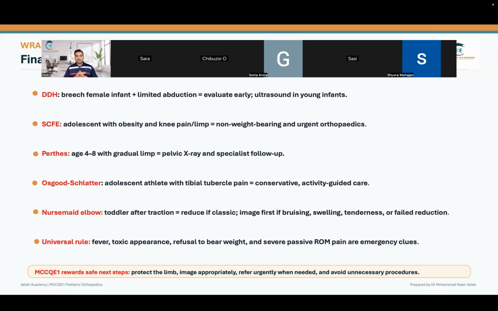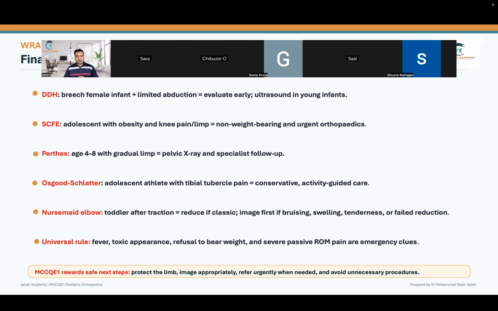Perthes, 4 to 8, gradual limp, chronic limp, painless or mild pain, pelvic X-ray, and if it is inconclusive, MRI and a specialist. Osgood-Schlatter, adolescent athlete between 10 to 16 years old, usually 13, with tibial tubercle pain, anterior knee pain, tibial tubercle tenderness, conservative, activity-guided care.